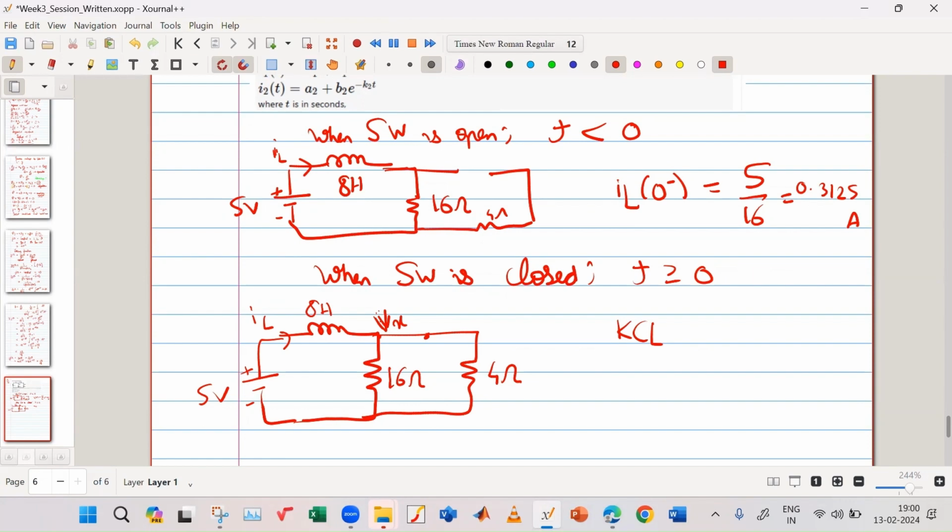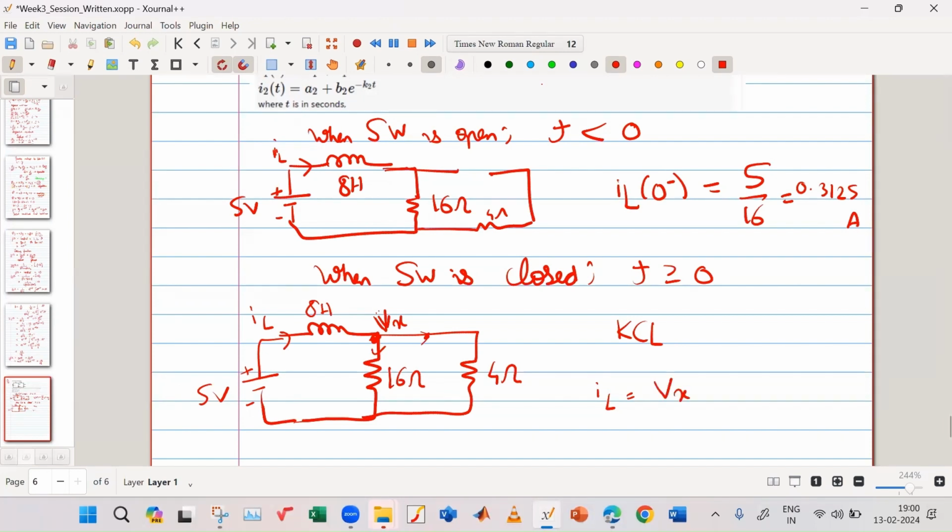What is KCL? It is the current flowing into the node, which is equal to the current flowing out of the node. So the current which is flowing into this node is IL, and the current which is flowing out of the node is this one and this one.